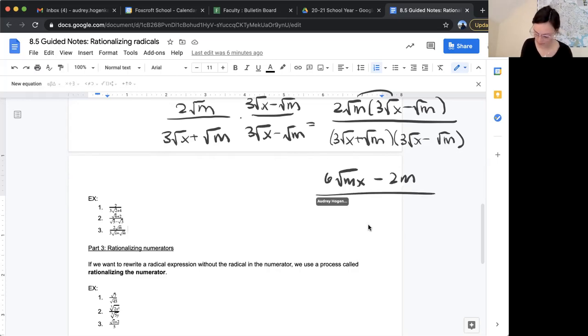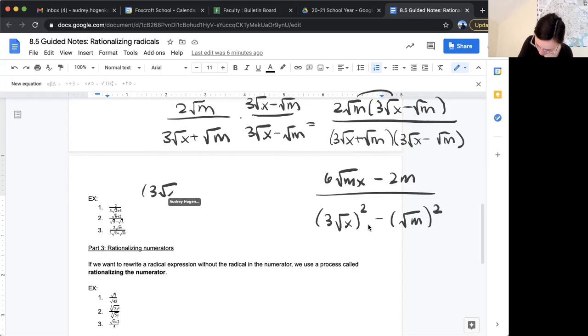And then my denominator, again, is going to follow that a plus b times a minus b equals a squared minus b squared property. So it's going to be 3 square root of x squared minus square root of m squared. And that is going to give me 3 square root of x times 3 square root of x is going to give me 9x, minus the square root of m quantity squared.